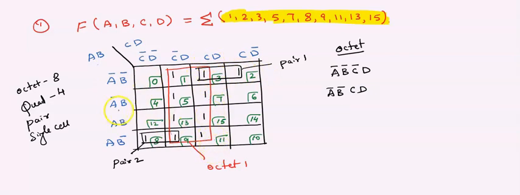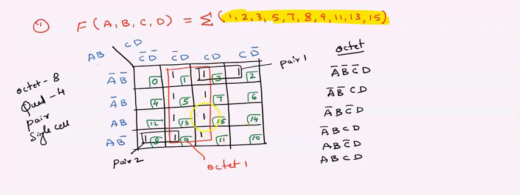Next element 1 belongs to A complement B, C complement D. Next, A complement B, C D. Next this one belongs to A B, C complement D. After that this one belongs to A B C D. Can you see this row and this column?